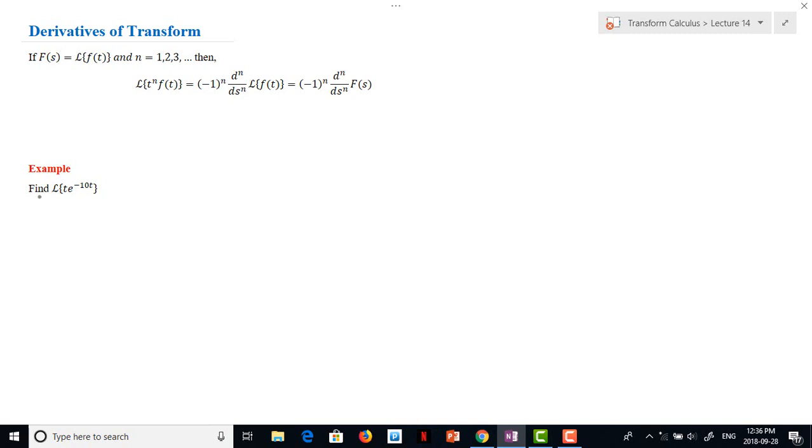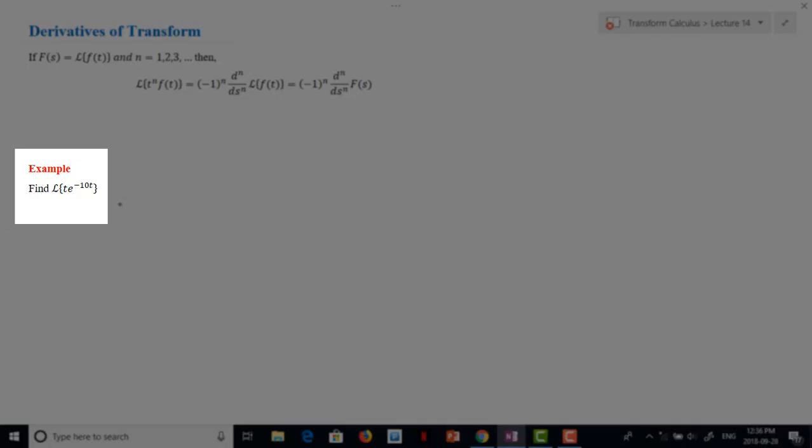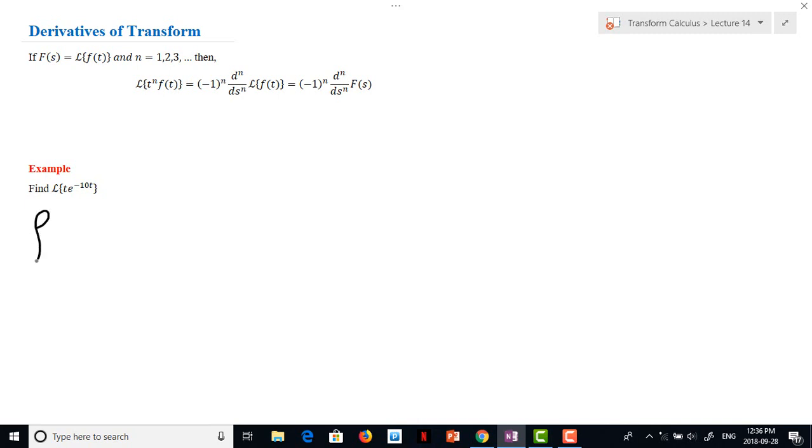The first example that we want to solve is the Laplace transform of t times e to the power of minus 10t. Based on derivative of transform, if you compare our example with the formula, we have the Laplace transform of t to the power of n times f(t).